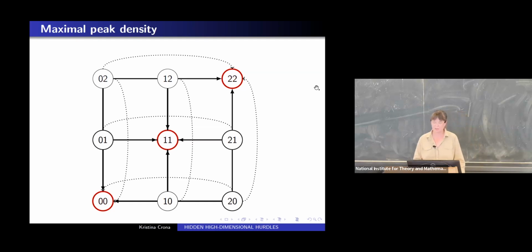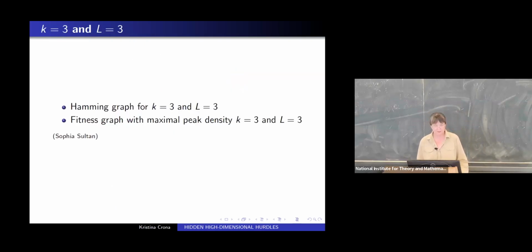And this would be maximal peak density, right? We can make a third of the nodes peaks, but obviously the distance between 2 nodes has to be 2 for both of them to be peaks. So this is maximal peak density.